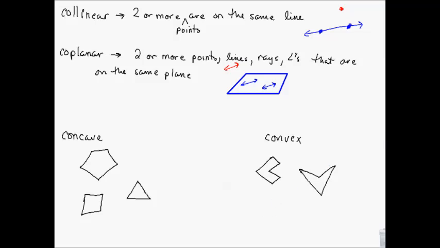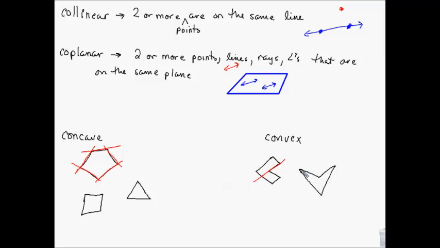And the way you can tell if it's concave or not is if you extend out the sides. If it's convex, none of the lines go inside. And if it's concave and you extend the lines, they'll go inside.